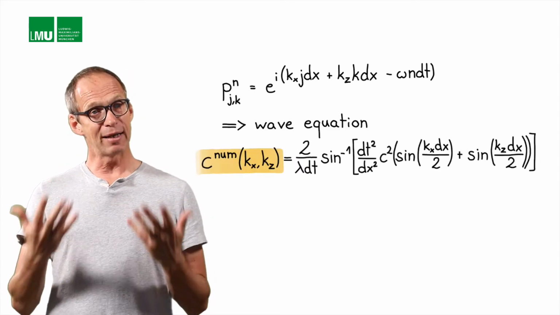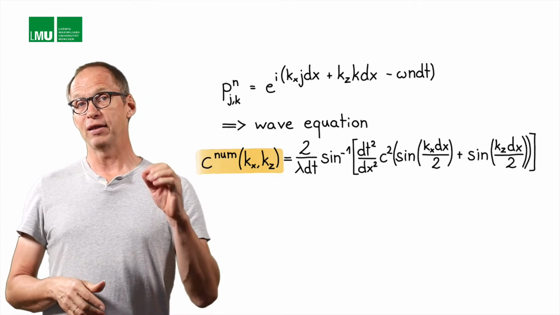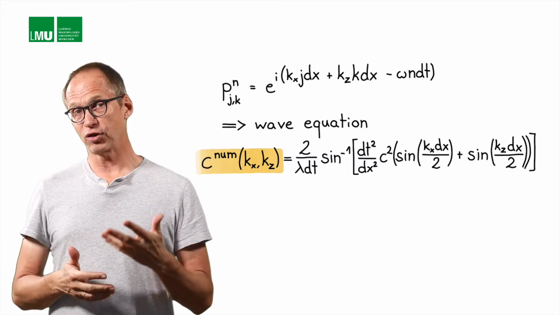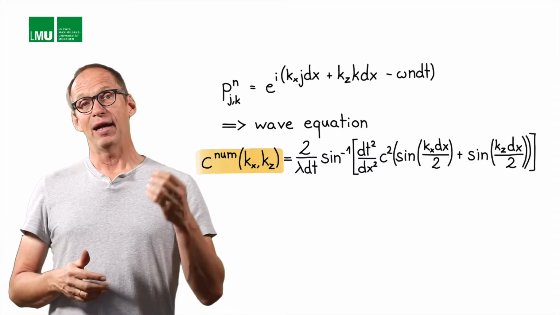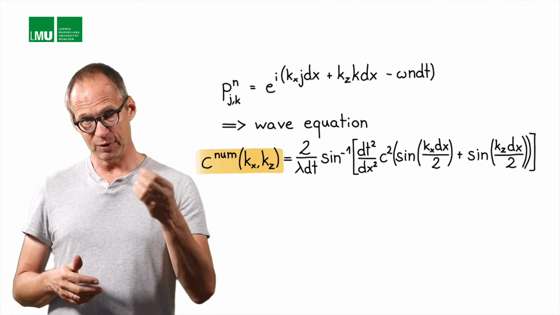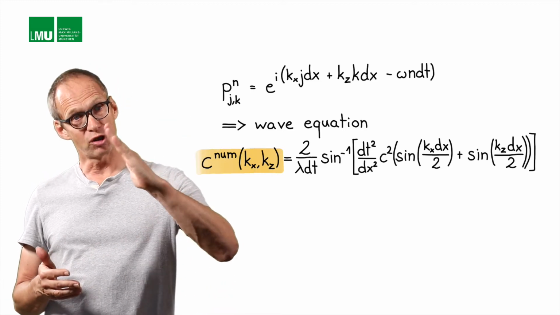Remember that this allowed us to determine the velocity c as a function of wave number, and now we can look at the physical velocity as a function of propagation direction.